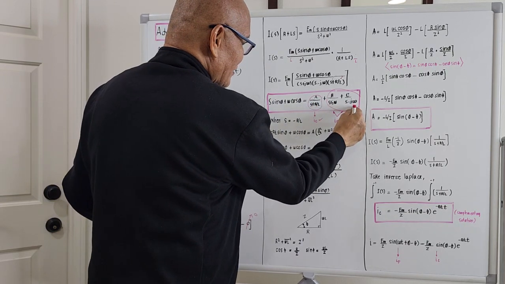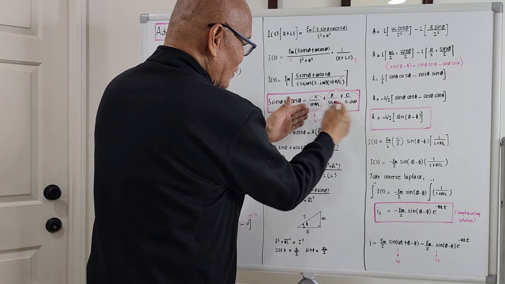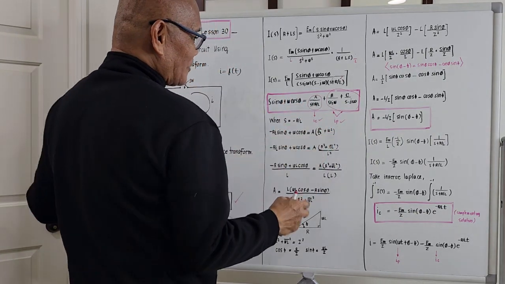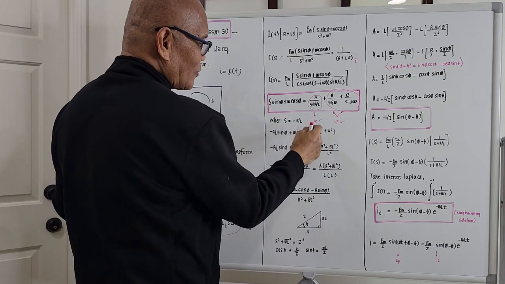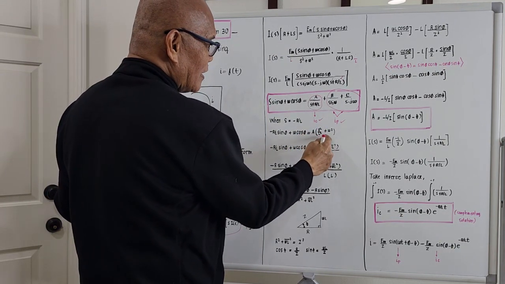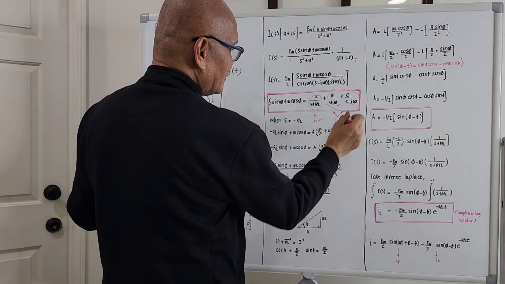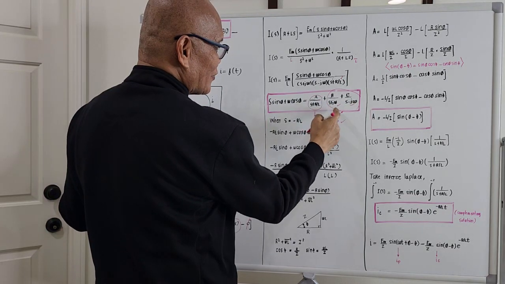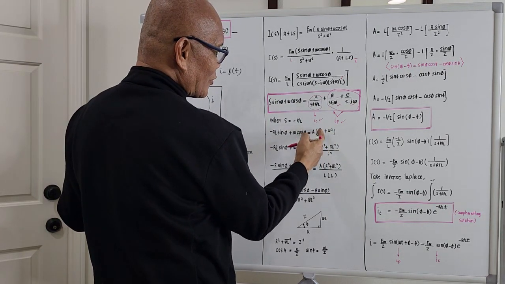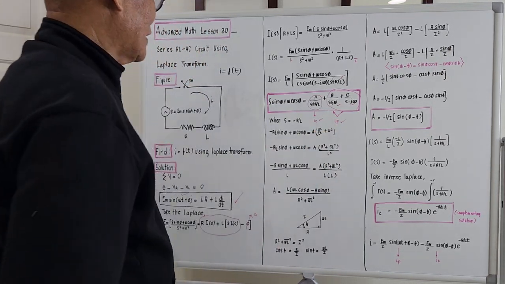So if we multiply A over this, the multiplier of A will be A times the quantity R squared over L squared plus omega squared. It is the product of these two here. But we inserted the value S to be negative R over L, so it will become R squared over L squared plus omega squared, plus what comes in?